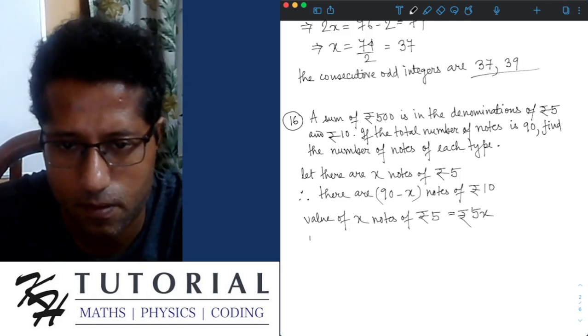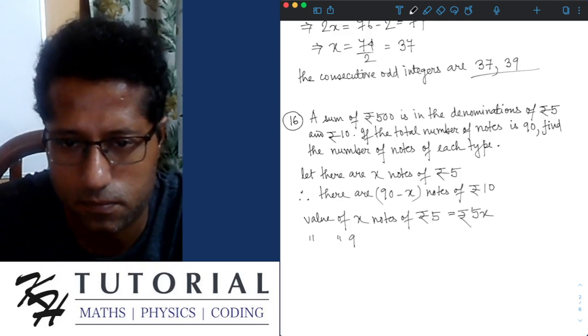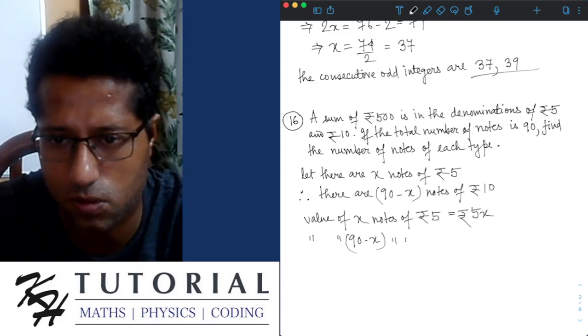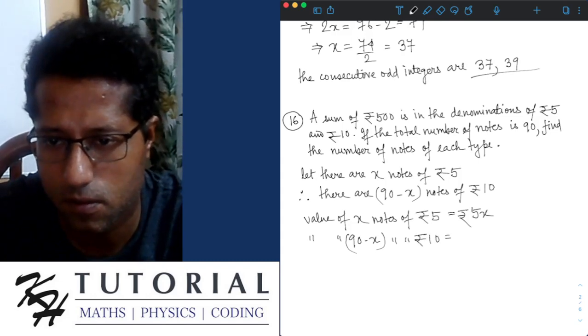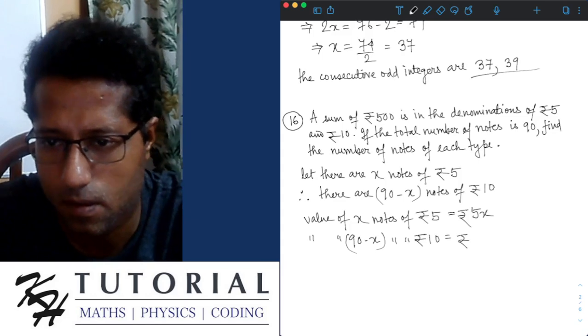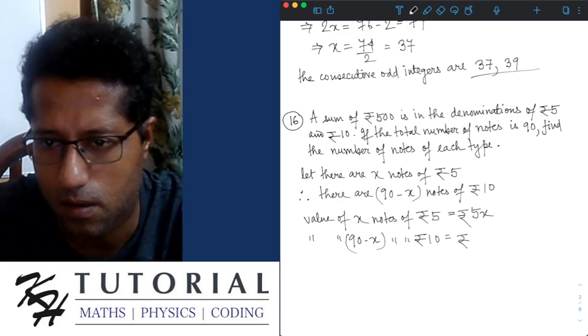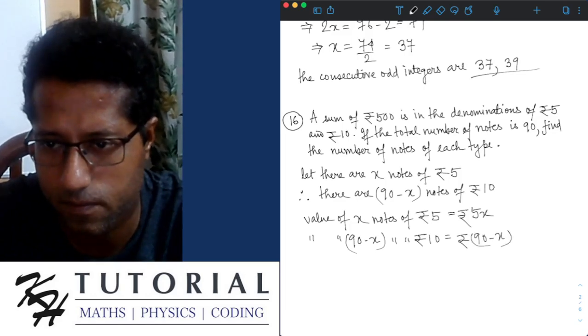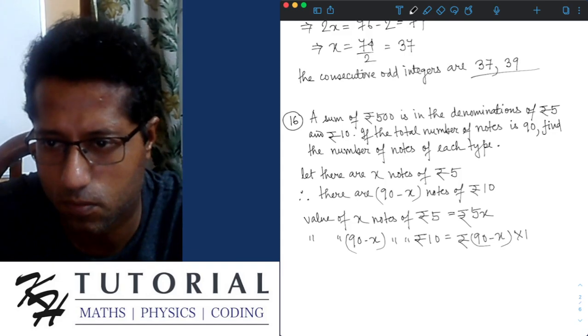Similarly, the value of 90 minus X notes of rupees 10 equals rupees 90 minus X into 10.